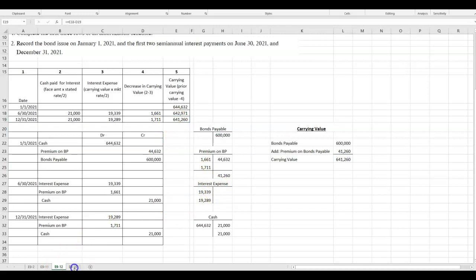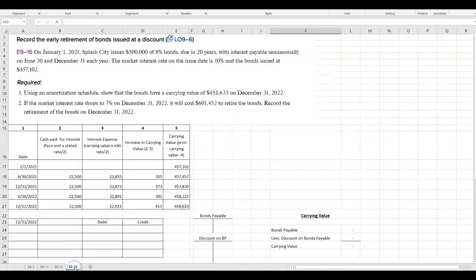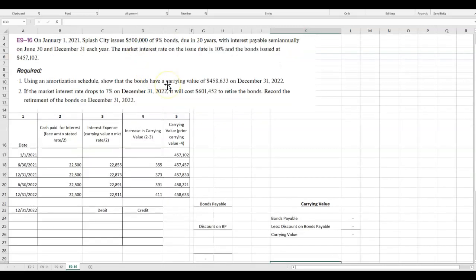Okay, one more example, E9-16. So another bond. On January 1st, this company issues 500,000 of 9% bonds due in 20 years with interest payable semi-annually. The market interest rate on the issue date is 10%, and the bonds issued at $457,102.